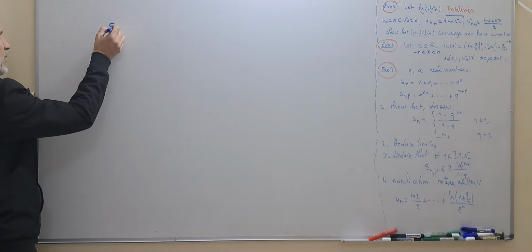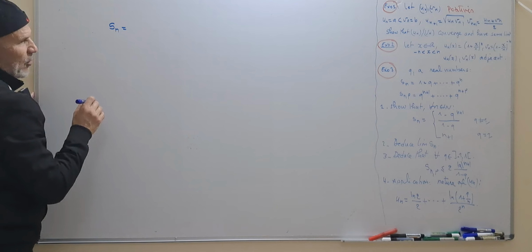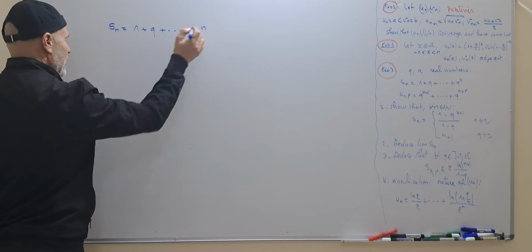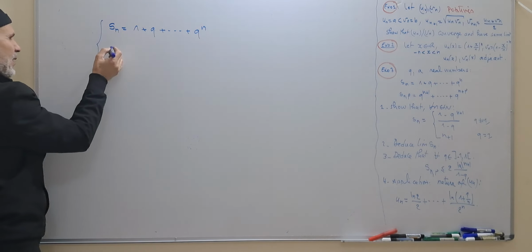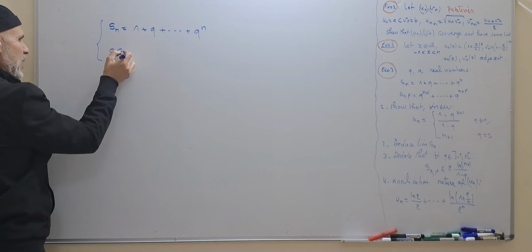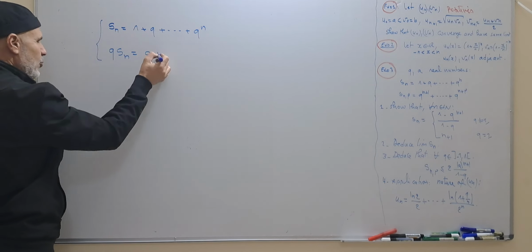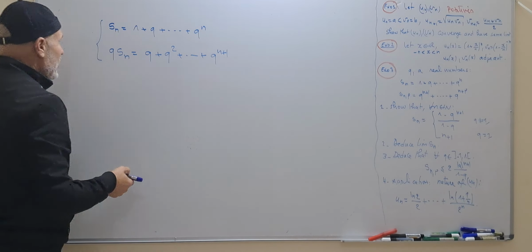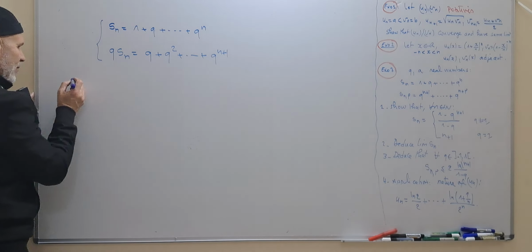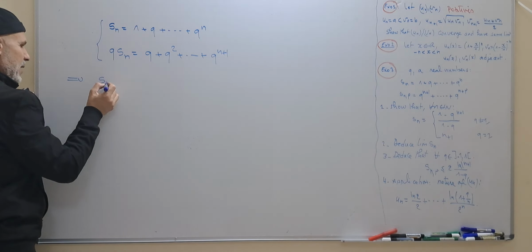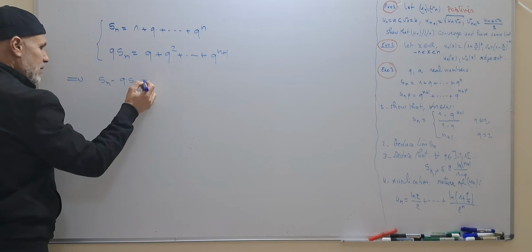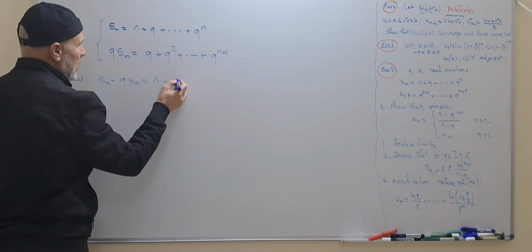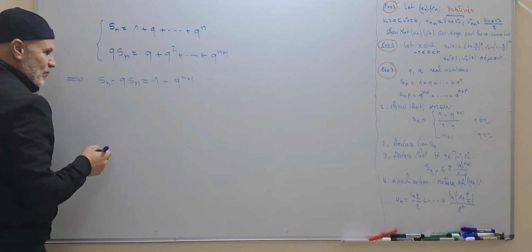We have Sn, which is equal to 1 plus q plus ... plus q^n. And we consider qSn, which is equal to q plus q^2 plus ... plus q^(n+1). We take the difference between them, Sn minus qSn; here the terms will be constant except the first and the last one.